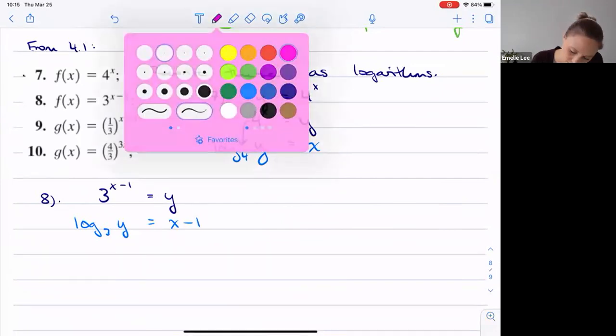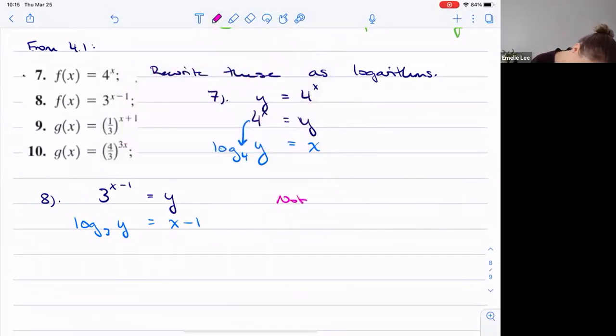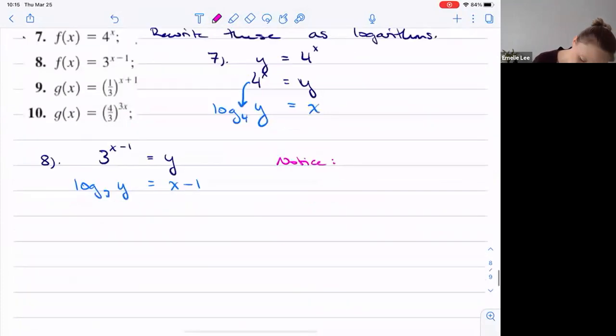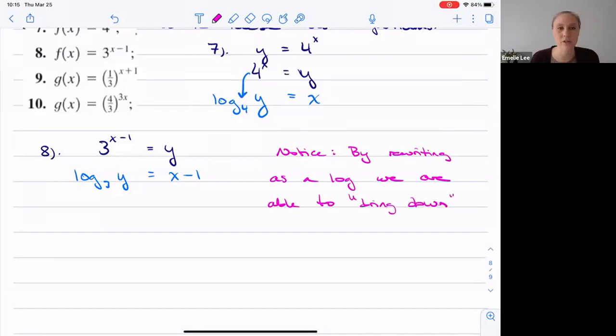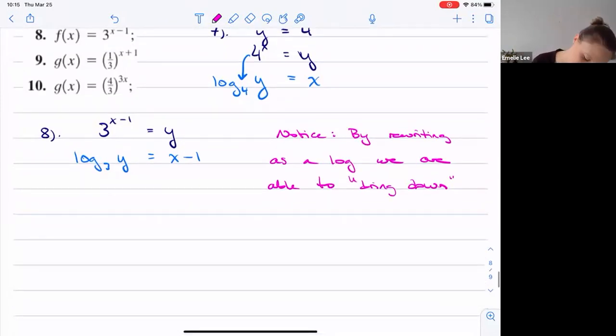So notice, by rewriting as a log, we are able to bring down, and that's obviously not a technical term, the x from the exponent.